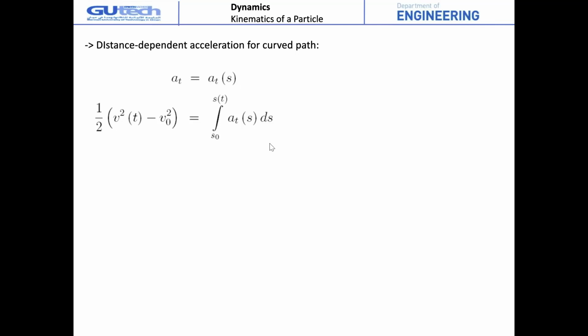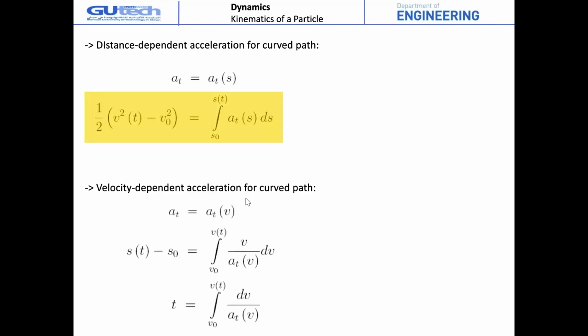And if we replace in the previous equation, then we get the following expression: half of V square, depending on time, minus V initial velocity square, equals the integration from the position S0 to St of the tangential acceleration with respect to the new position.